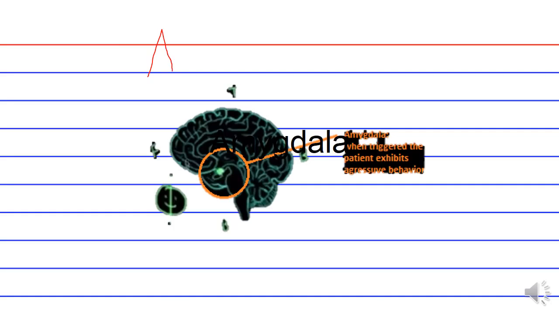A-me-g-da-la. So this thing right here, this snippet, says when the amygdala is triggered, patients exhibit aggressive behavior.